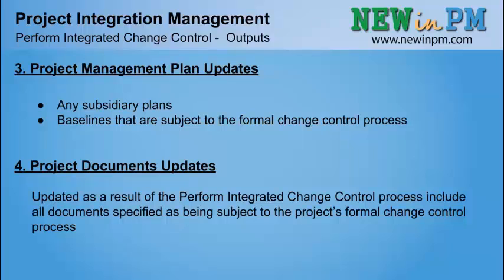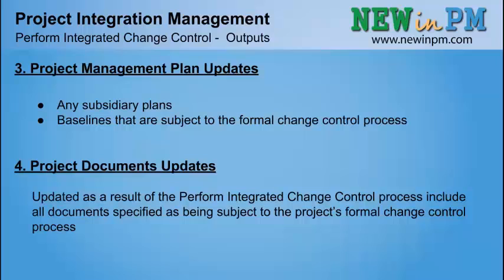The third output, project management plan updates. The project management plan updates that may be affected are any subsidiary plans or detail level plans, and baselines that are subject to the formal change control process.